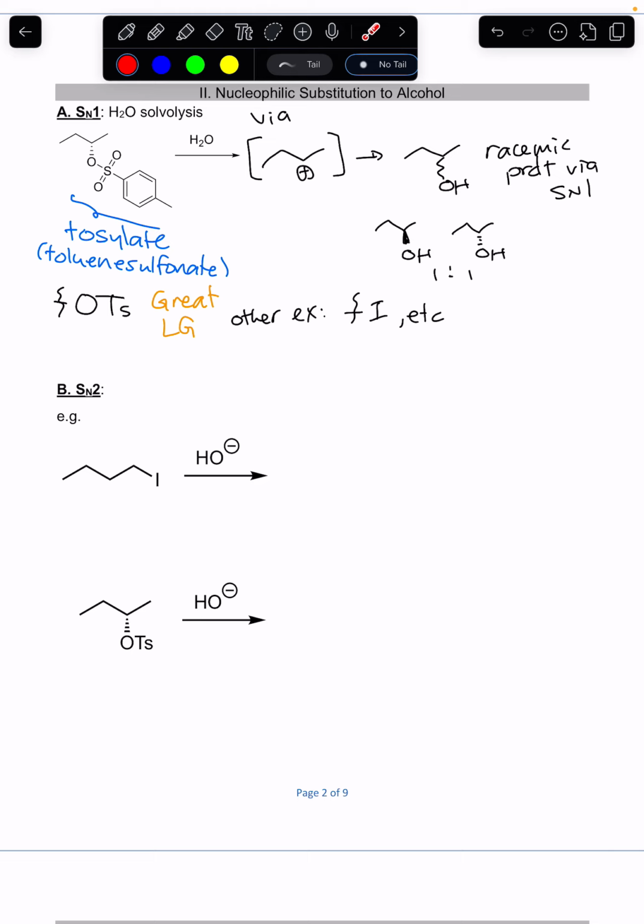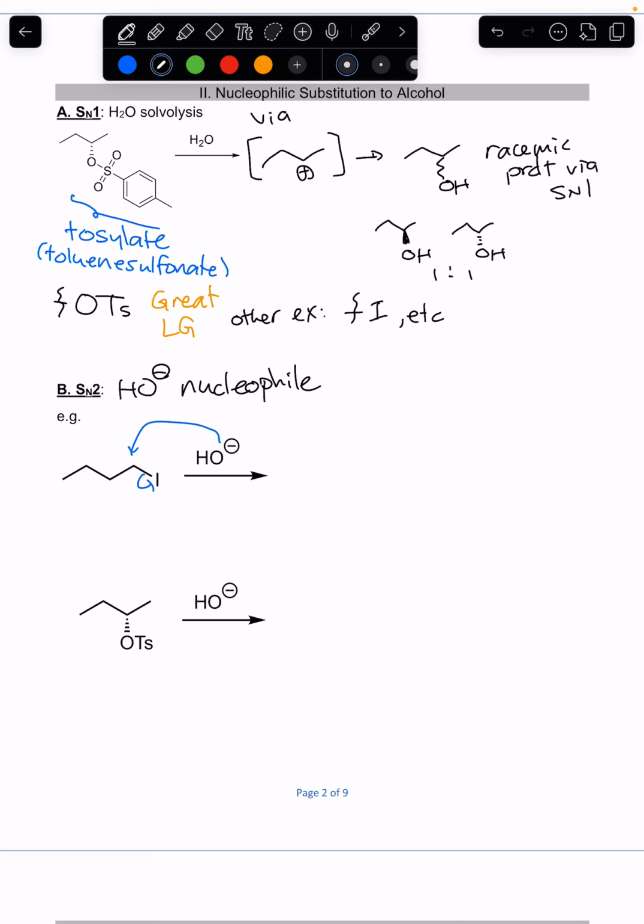Now, if SN2 is the way we make the alcohol, where hydroxide has to be the nucleophile to make an alcohol, right? SN2 type reaction. Of course, the best scenario for that is when you have a primary leaving group, like primary iodide or primary tosylate or something like that.